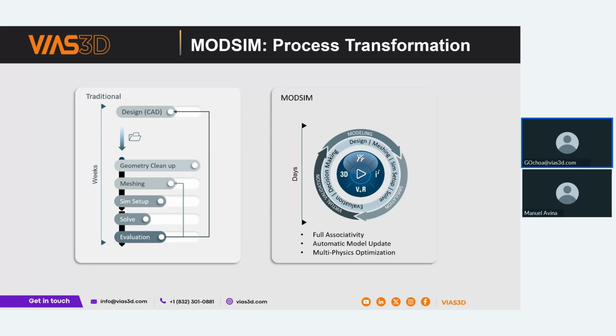So this allows for full associativity between all the information we need to manage to execute this type of workflows. And by this, since all the data is connected, if we perform a modification in the design, that modification will be automatically propagated through the entire or dependent other steps, like, as we said previously, geometry cleanup, meshing, scenario definition.